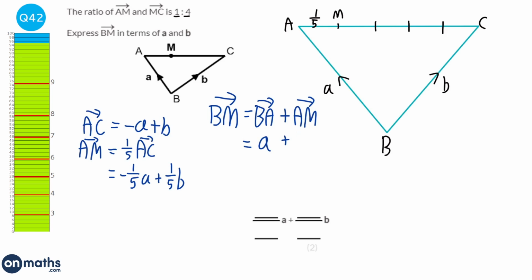And it should be minus, let's get rid of that, because we know it's going to be minus 1/5 A plus 1/5 B. And so A minus 1/5 A is going to be 4/5 A, and then we've got the 1/5 B, so it's going to be 4/5 A plus 1/5 B.